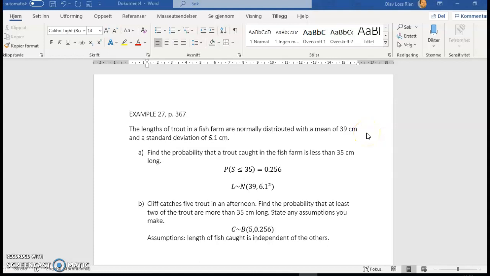So to restate the assumption that we make, the length of fish caught is independent of the others.